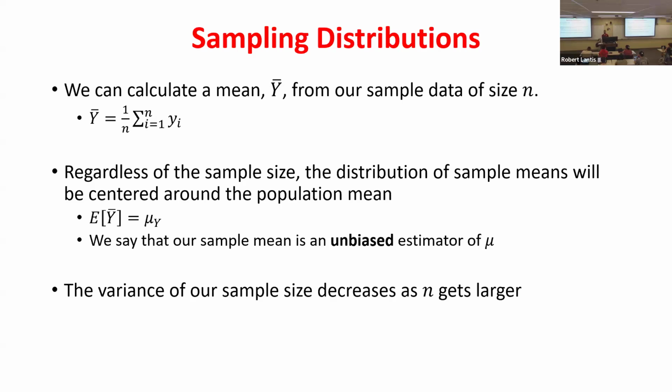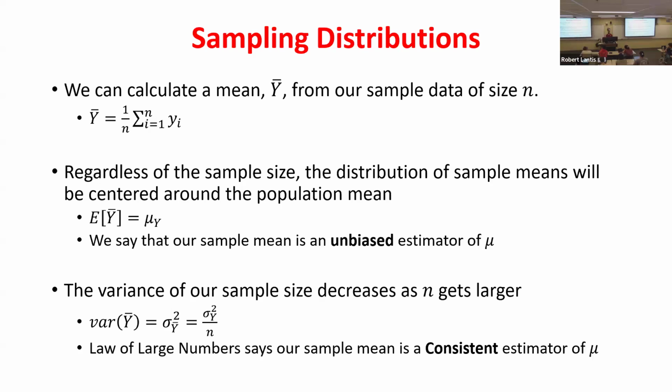So the variance is going to go down quite a bit as we take higher samples, right? In fact, the variance of our sample means will be the variance of the original data that we're sampling from divided by the sample size. So the sample size goes up, our denominator is larger, and the variance of our sample means is going to go down. So we've got these sampling distributions.